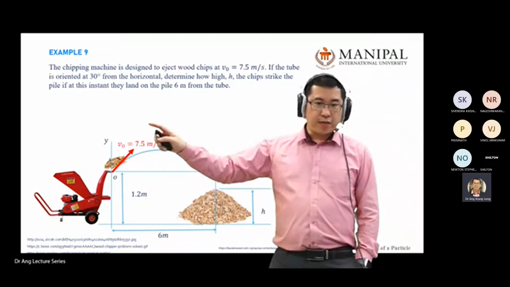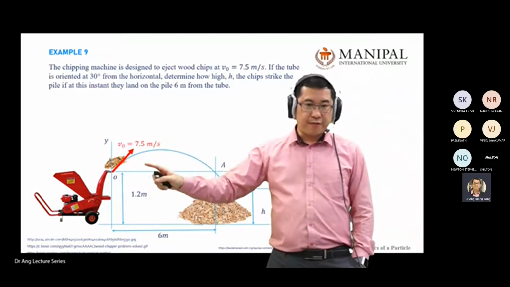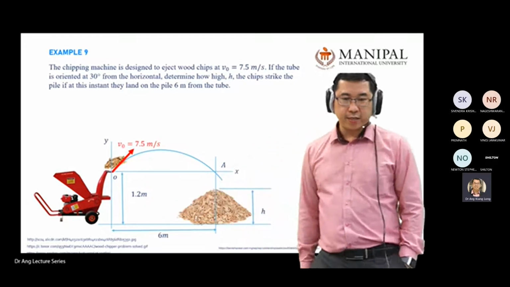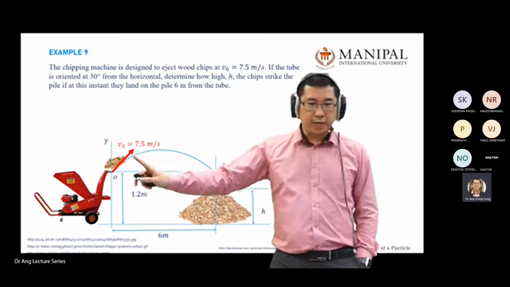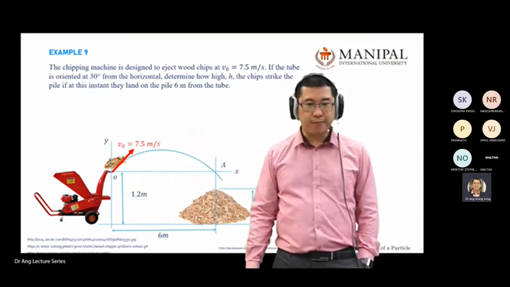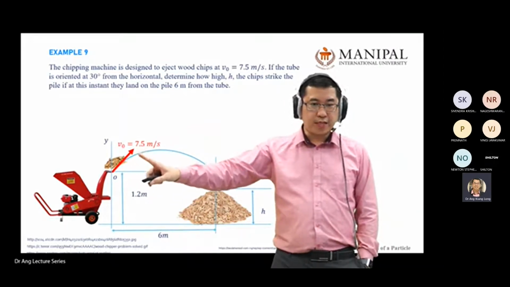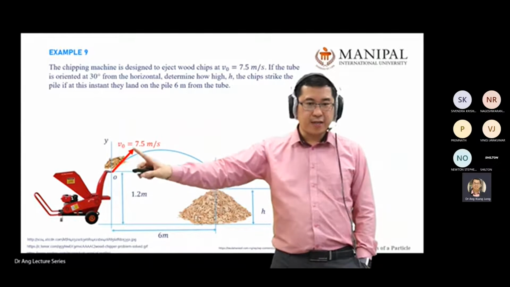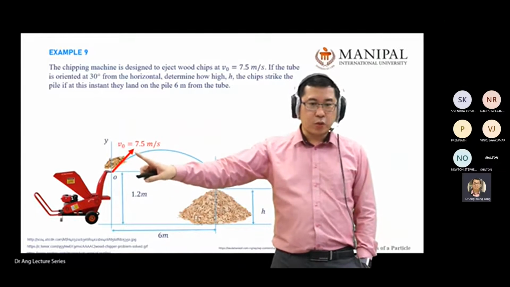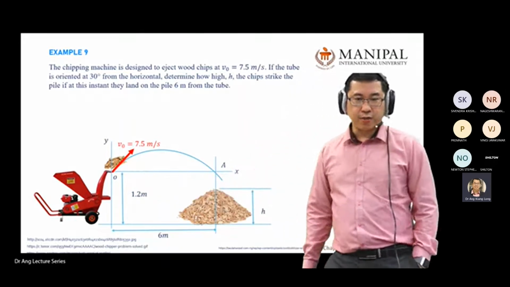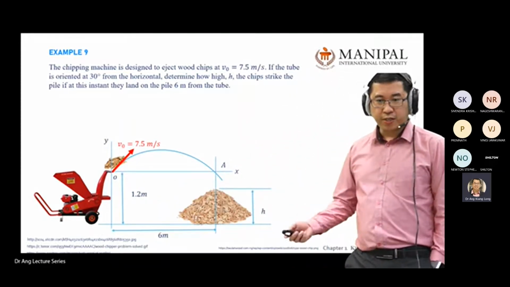So your VO is 7.5, and you know that any vector you can break into x-axis and y-axis. It will be good if you break this one down before you solve the problem. So from the question, once you see there's a vector that has an angle, the first step I recommend is to quickly expand this into y and x-axis using trigonometry or the tangent relationship.